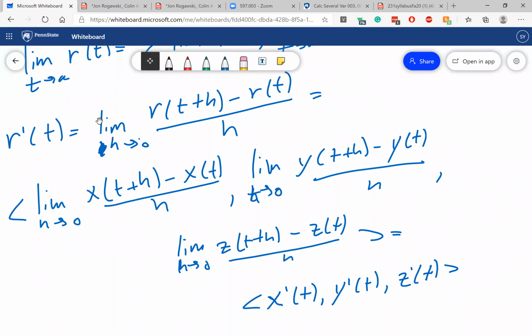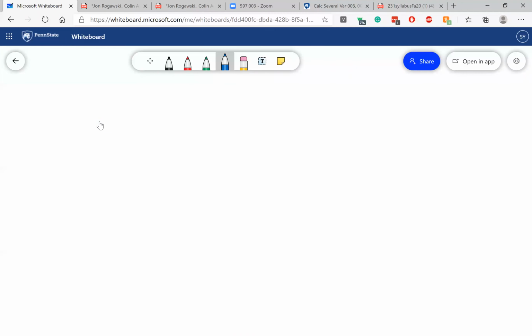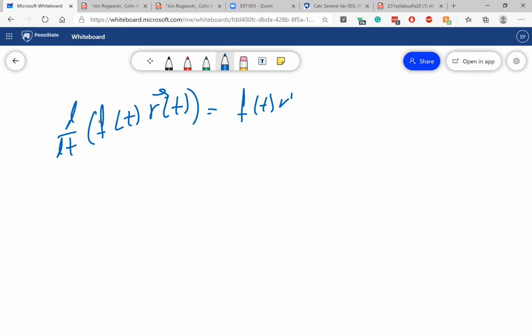A new rule is that if we have f of t times r of t, where f of t is a scalar function, so it goes into each component individually, then the derivative of this thing, d dt of this thing, using the product rule, is going to be f of t r prime of t plus f prime of t r of t.